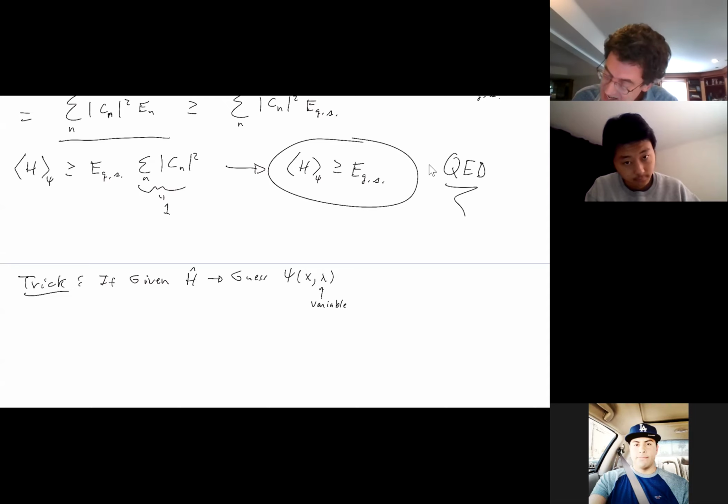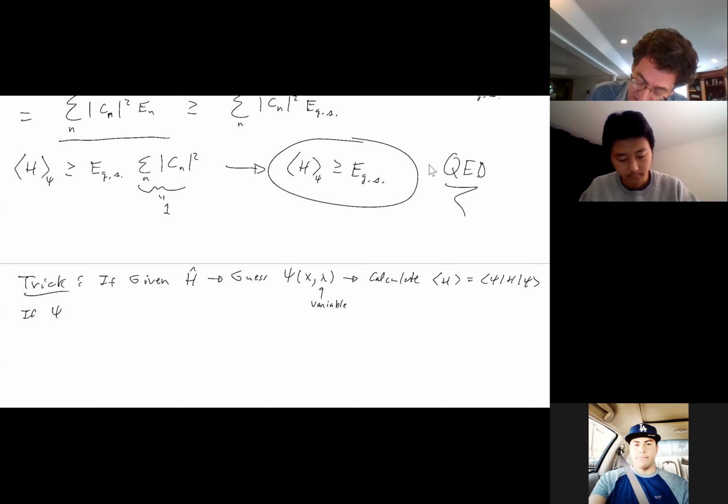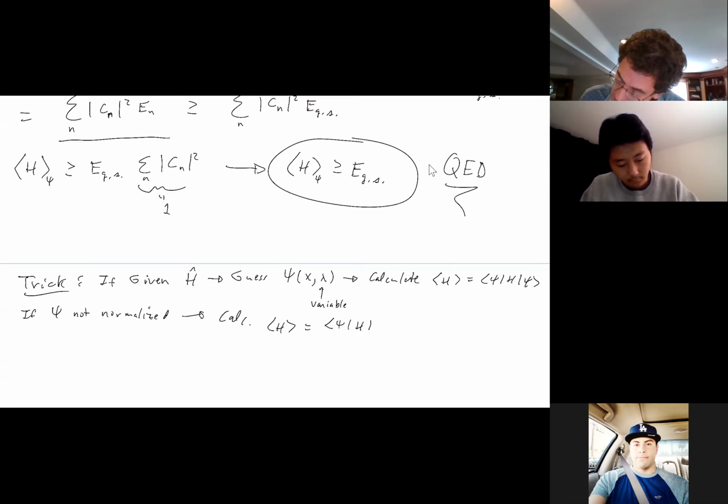And then what you do is you guess a wave function and then you calculate H. And if psi is not normalized, you don't even have to normalize the wave function, because you can calculate the expectation value of H as psi H psi divided by psi psi.